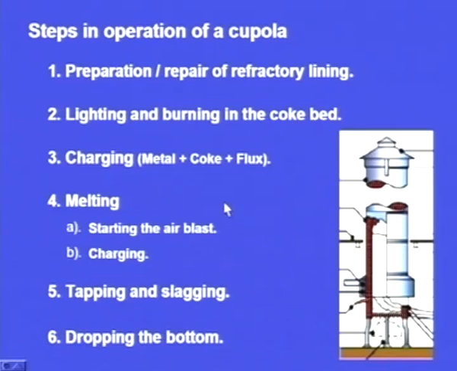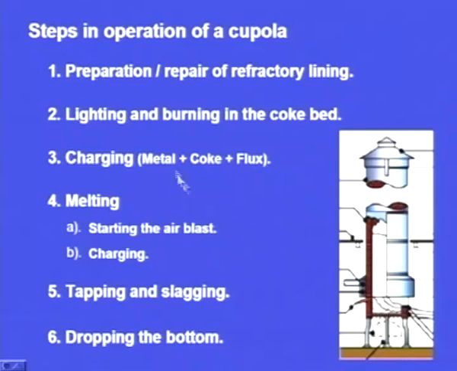Charging means we feed the furnace with metal, coke and flux. Initially we charge metal, next we charge coke, next we charge flux, next layer by layer, next we charge metal, next we charge coke, next we charge flux.